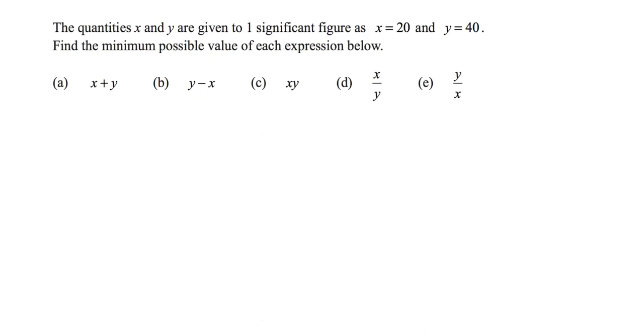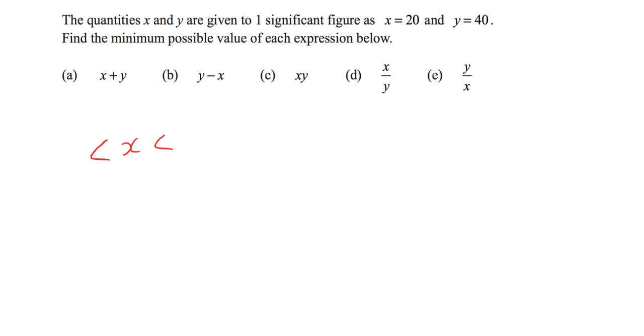Now, before we even get into the different parts there, let's make sure we know the maximum and minimum values of X and Y. Now, because they have been rounded to one significant figure, well, X actually could be as low as 15, and it could be as high as 25, and Y could be as low as 35, but as high as 45.